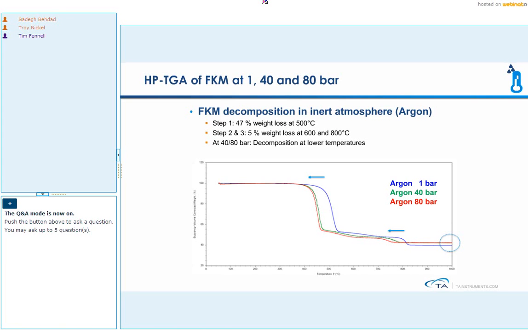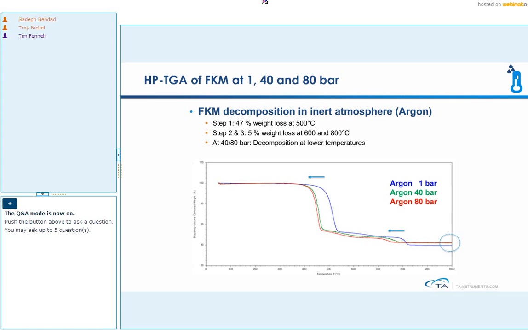So three steps, one at around 500 degrees, and then 2 more at around 600 C and 800 C. As we are increasing the pressure, you can see that the temperatures for both of those decompositions shifted to lower temperatures.